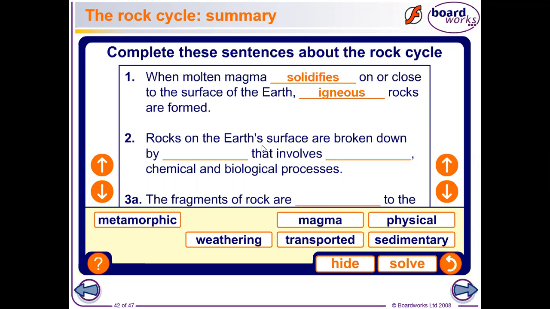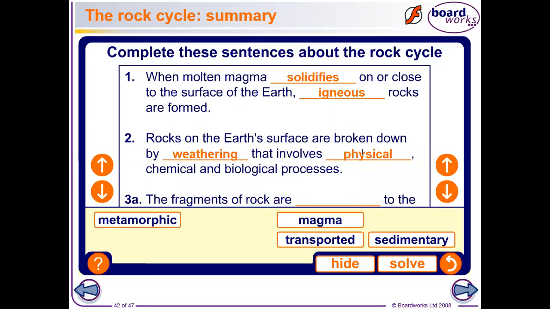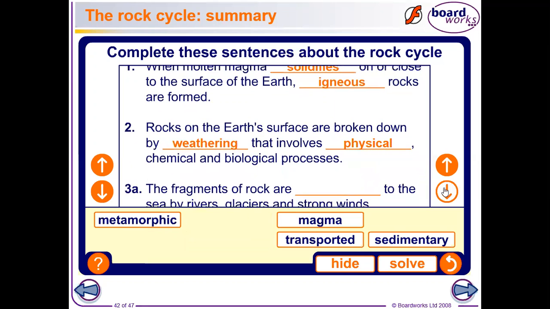Okay, number 2. Rocks on the Earth's surface are broken down by weathering. Weathering involves physical, chemical, and biological processes, which we will learn about next time. Okay.